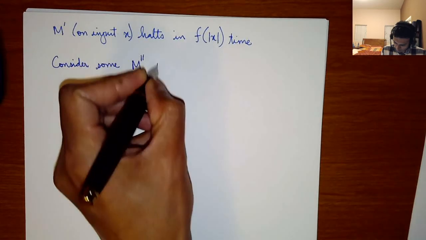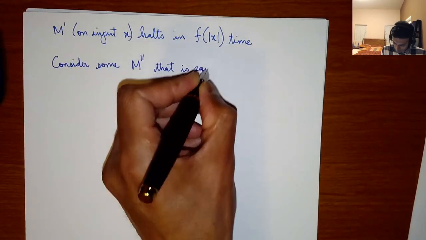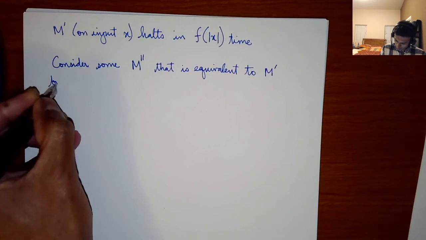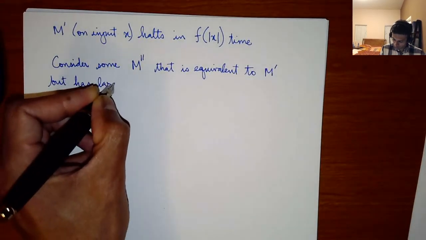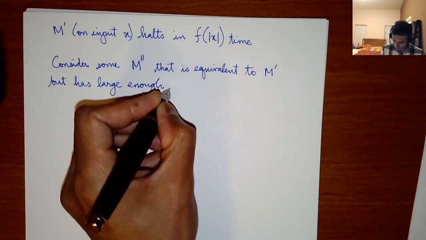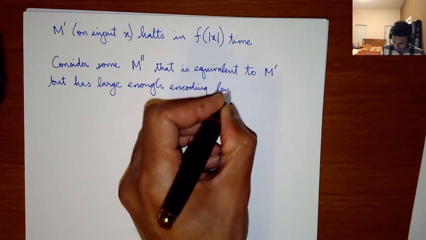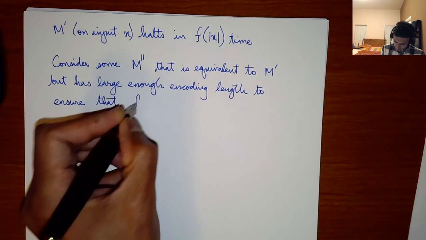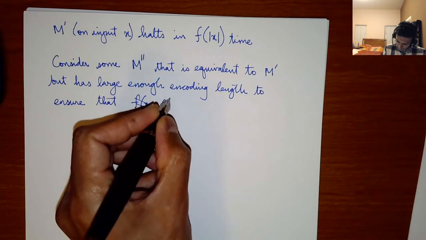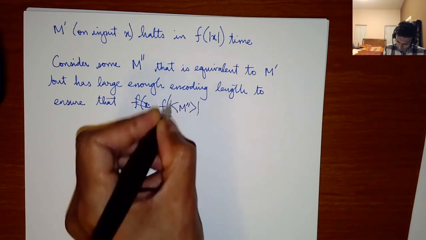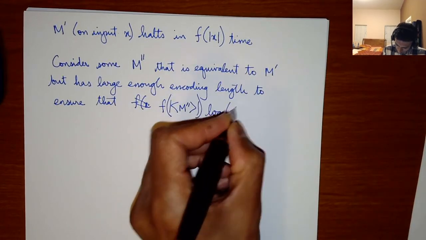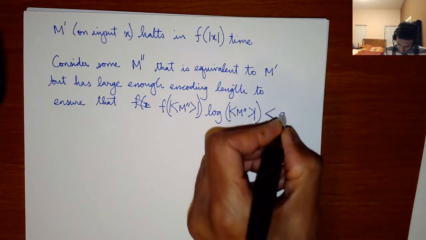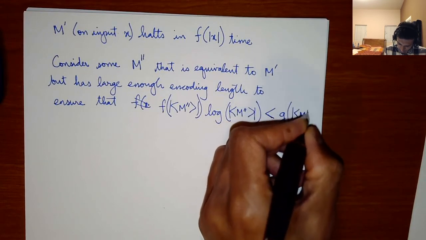It's another machine that is equivalent to M prime, but has a large enough encoding length to ensure that f of the encoding length of M prime log of the encoding length of M double prime is less than g of the encoding length of M double prime.